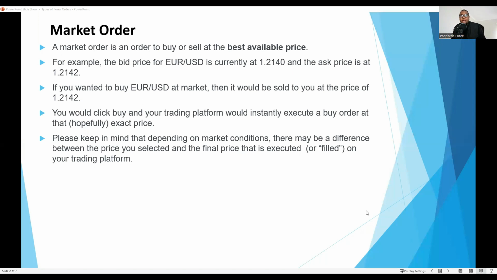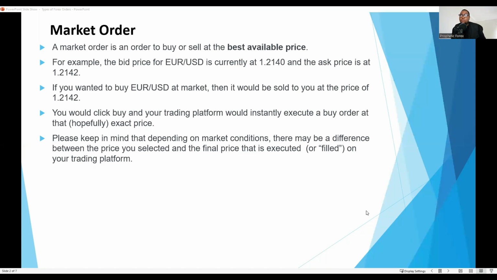You must buy at the available price because you want to buy low and sell high. For example, the bid price of EUR/USD is currently at 1.2140, and the asking price is at 1.2142. I'm just going to say it like that, even though that's not the right way to say it, because we're talking about decimal numbers.